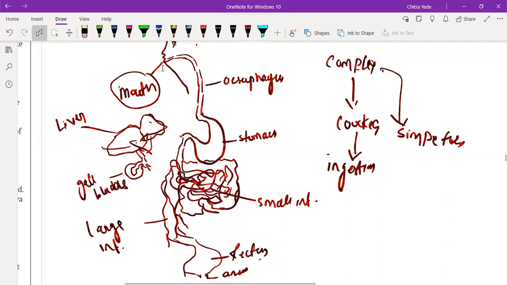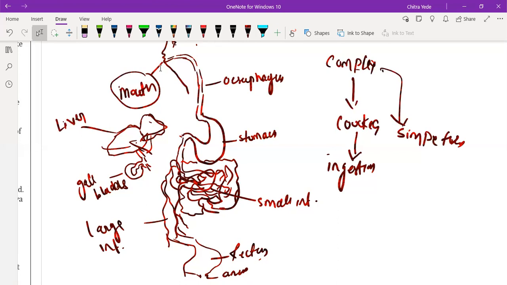On the base of the tongue, there is one gland present called the salivary gland. It is just beneath the tongue. That salivary gland secretes salivary amylase, which is nothing but one of the enzymes.